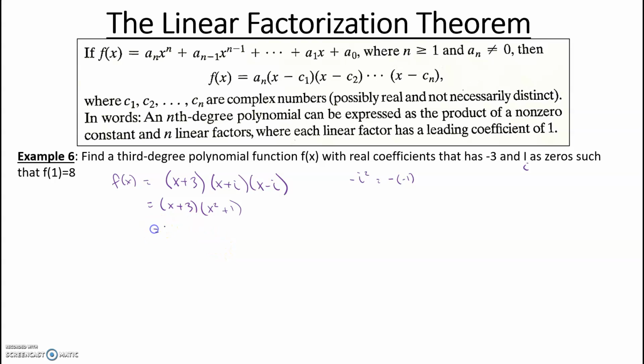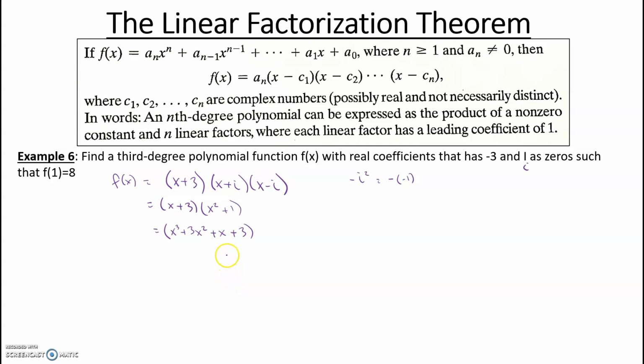Let's go ahead and FOIL this out. X times x squared is x cubed. 3 times x squared is 3x squared. X times 1 is x, and 3 times 1 is 3.